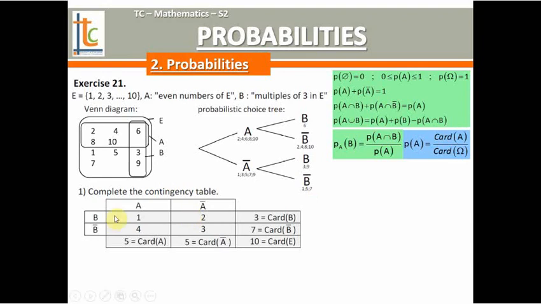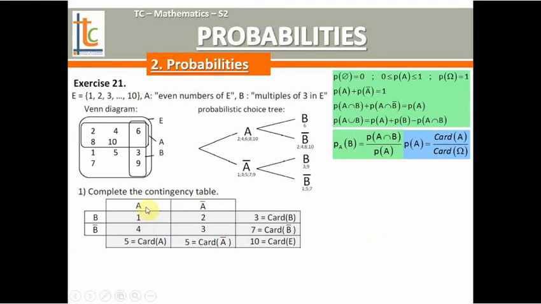So it's an advantage compared to a tree that uses a given order. We began by A and then we put B. But we could have done the opposite.